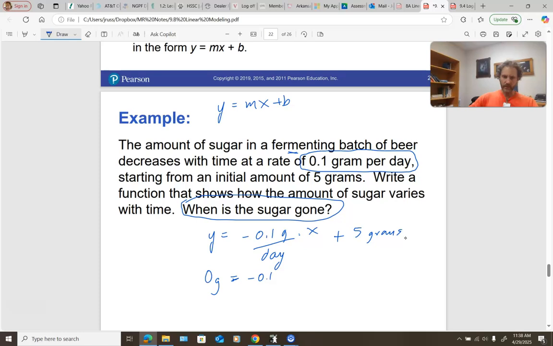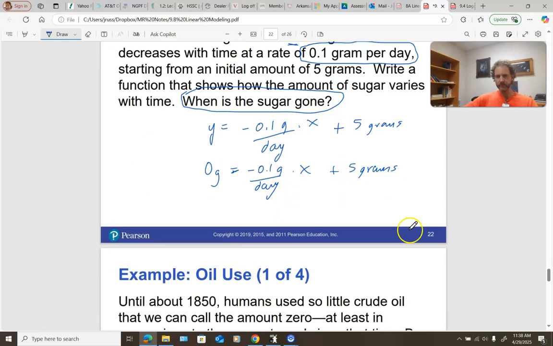Alright, so I'm going to recopy the rest of this, grams per day, times x plus 5 grams. You could probably take the units off while you're trying to work this out, because guys, what you have to do here, this involves a little bit of algebra. What you have to do is solve this equation for x. Okay?